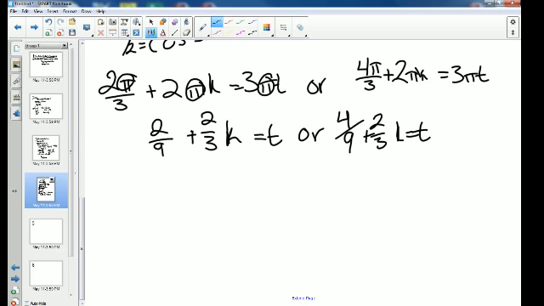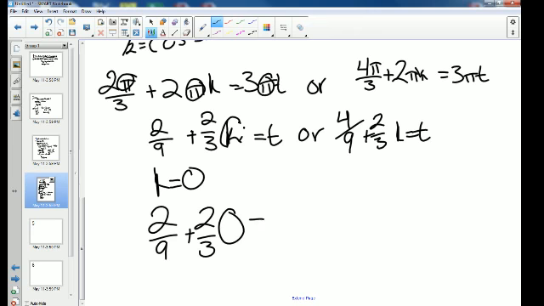And the least positive value for t is obtained by letting k equal 0.